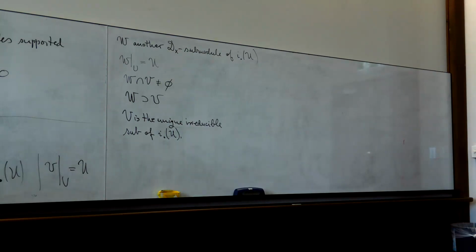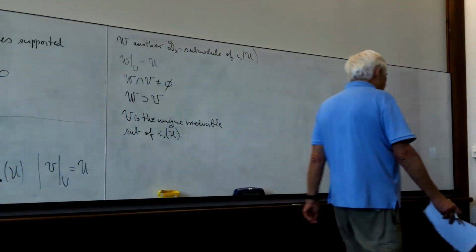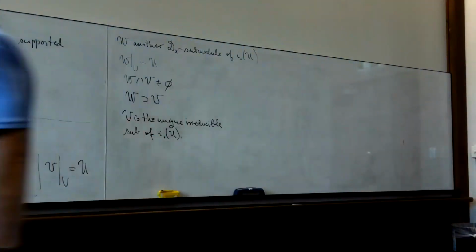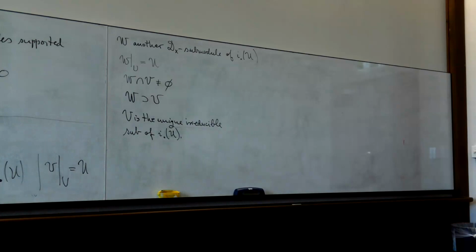On the other hand, if we take, in a holonomic situation, the direct image of an irreducible module on U, then this direct image contains a unique submodule which restricts to script U. So we have a bijection between irreducible modules on U and irreducible modules on X with support.